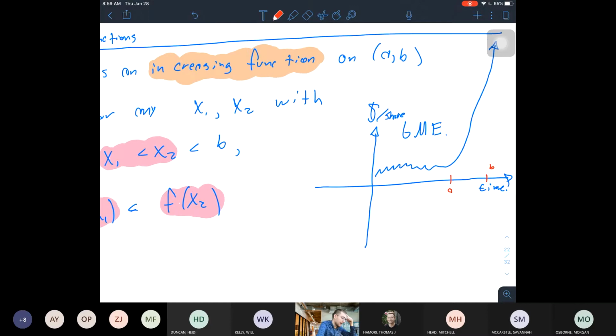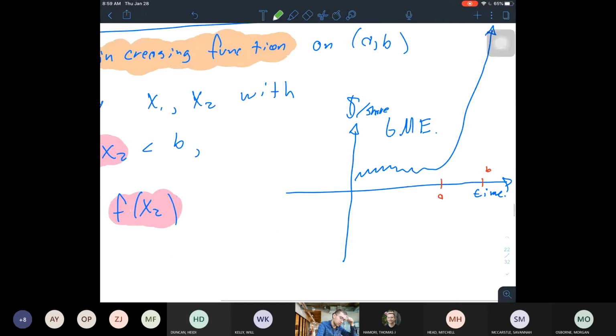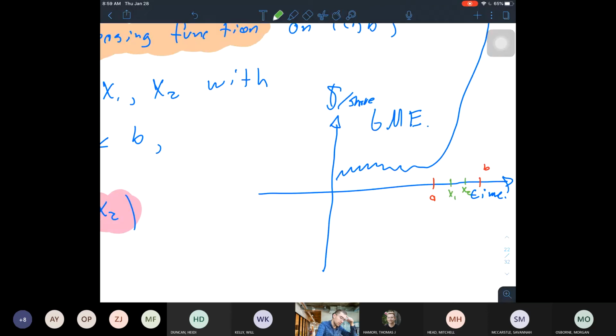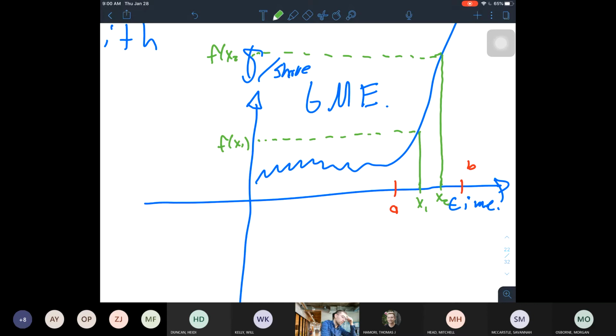So if we take any x1 and x2 between those two, with x1 being to the left of x2, so here's x1, and here's x2, the property that should be satisfied is that the point f of x1 should be lower than the point f of x2.